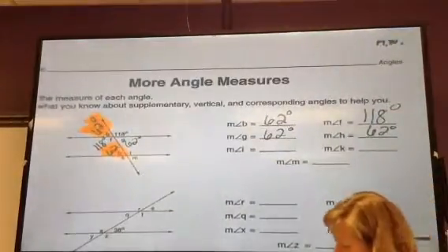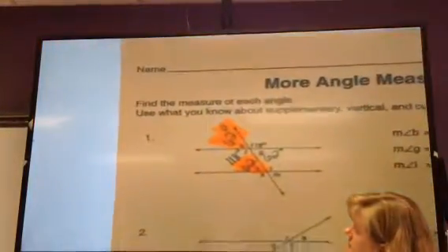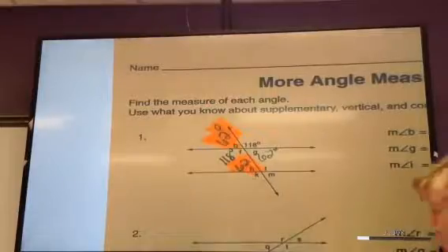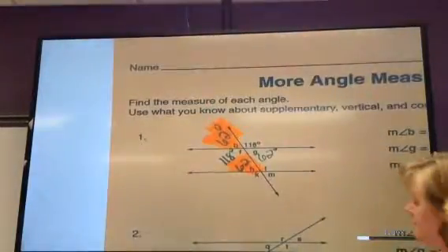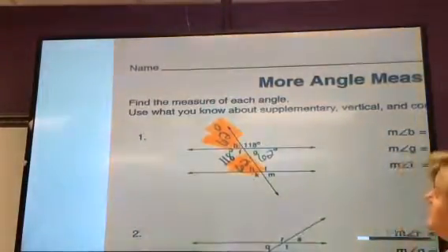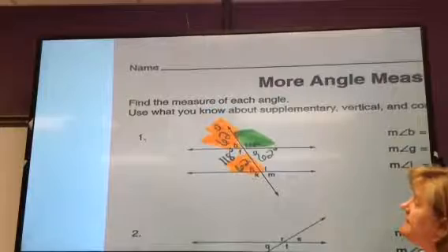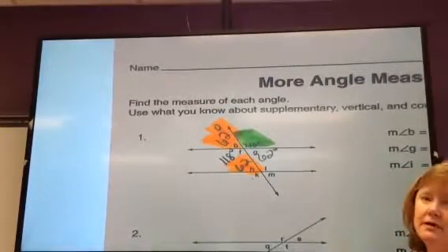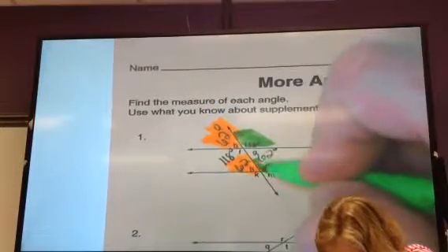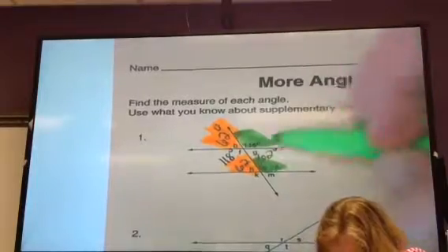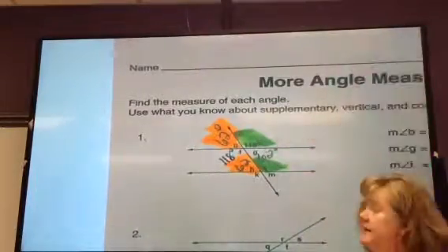Okay, let's do some more corresponding angle work. Let's see here. This 118 degree angle here corresponds to, on the count of 3, everyone, 1, 2, 3. Yeah, that is an I. It almost looks like an L. Okay, so if this is 118, that's 118, right?